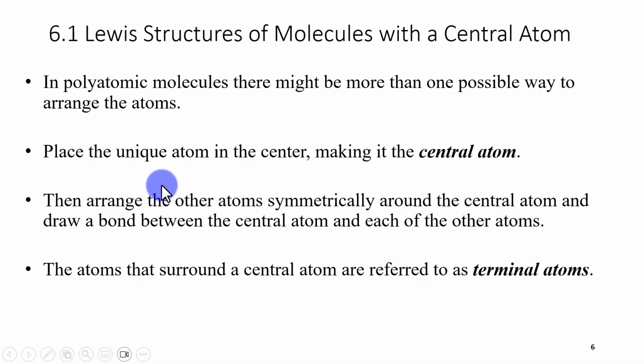The rule that I need to follow, at least most of the time, is to find that unique atom, the one I have the least of, and make it my central atom. Then I arrange the other atoms symmetrically around the central atom and draw a bond between the central atom and every other atom around it, every terminal atom. The atoms that surround a central atom, we mentioned that earlier, are terminal atoms.